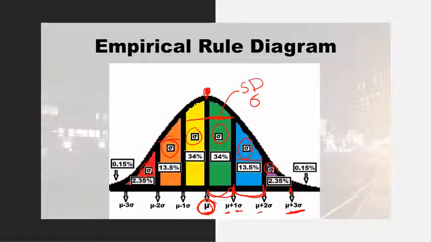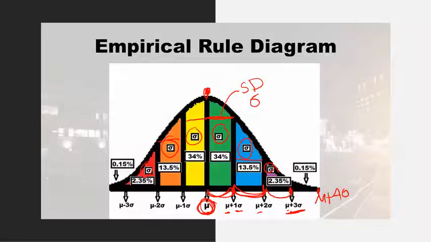Over here we have our mean plus three standard deviations because we went forward 1, 2, 3 standard deviations. This one over here, I'm sure you can guess, would be the mean plus 4 standard deviations.